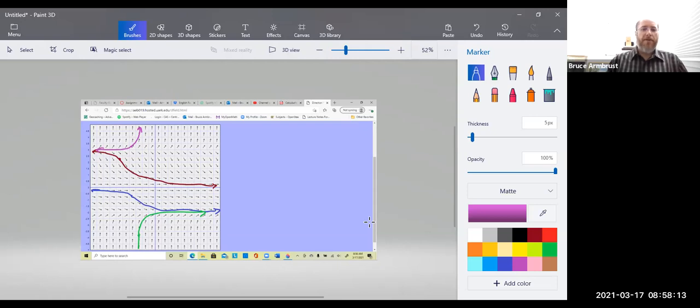So here are a bunch of our solutions, and you'll see that they have very different shapes depending upon where we started. But notice that they all have horizontal asymptotes. Every single one of these graphs, regardless of what color it is, has a horizontal asymptote of some type.